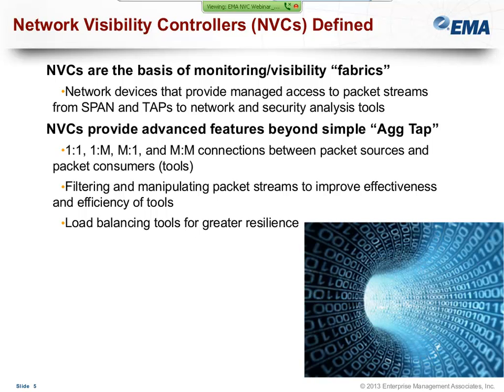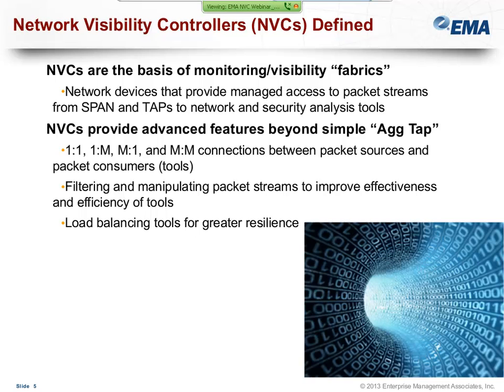They provide a very flexible platform for connecting any number of packet stream sources to any number of consumers. Well, there's a limit to the number, but let's just say that it's far more flexible than it ever has been in terms of the way that you can align these. It can be one-to-one direct, and it can be one-to-many, many-to-one, or even many-to-many type connections.